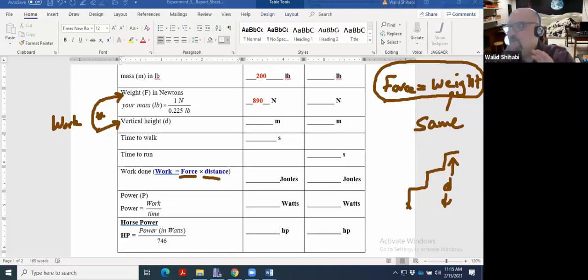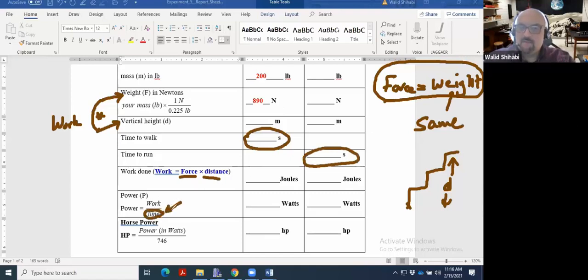And that's actually our confusion between work and power. For power, you'll take the work that you calculated in the previous step and divide it by the time. And of course, now time will make a difference, because time walking will be longer than running. So time will be the difference. It's not the work, it's the power, because time is different.